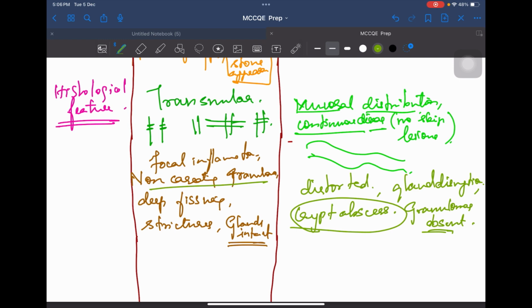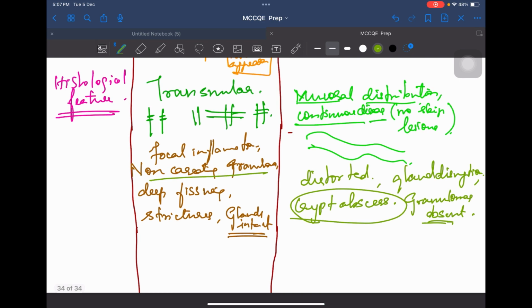In Crohn's disease there will be non-caseating granulomas, whereas in ulcerative colitis granulomas will be absent. Then deep fissuring and fistulae formation will all be present in Crohn's disease, whereas they are absent in ulcerative colitis, because ulcerative colitis is restricted only to the mucosa.